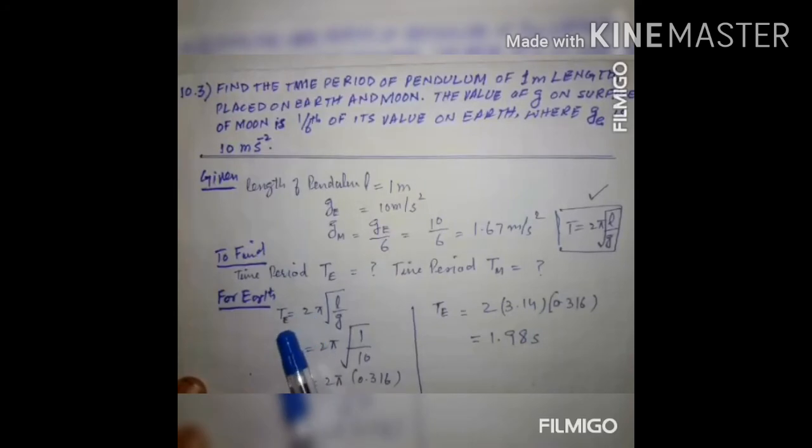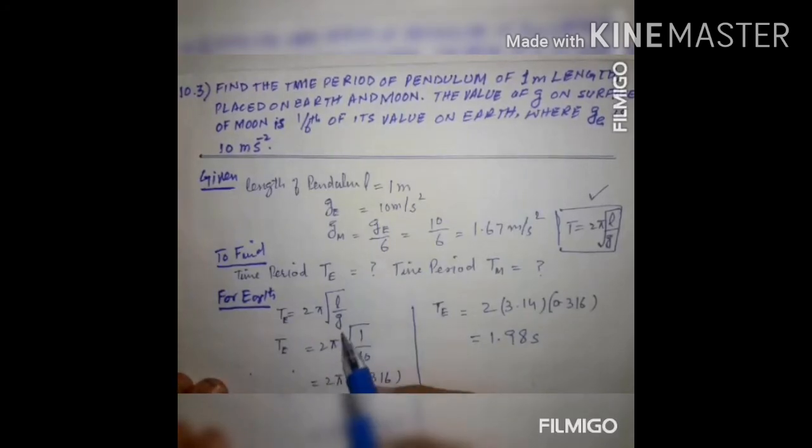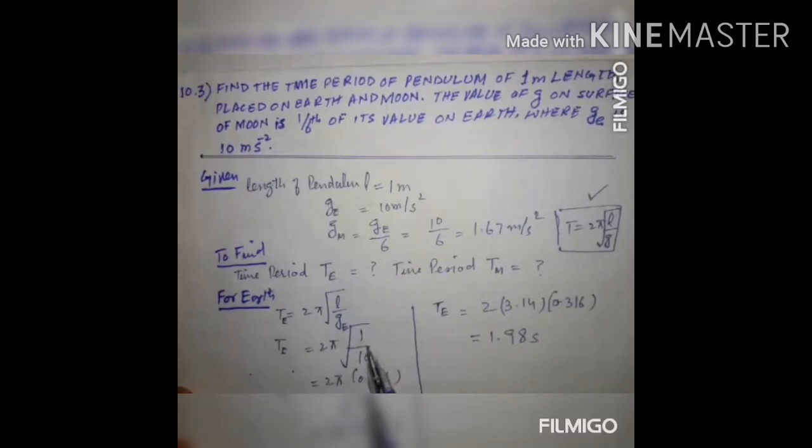For Earth, T is equal to 2 pi square root of L by g. Here we use the gravity for Earth, gE. So we will get 2 pi square root of 1 by 10. After simplification, square root of 1 by 10, we will get 0.316 multiplied by 2 pi.